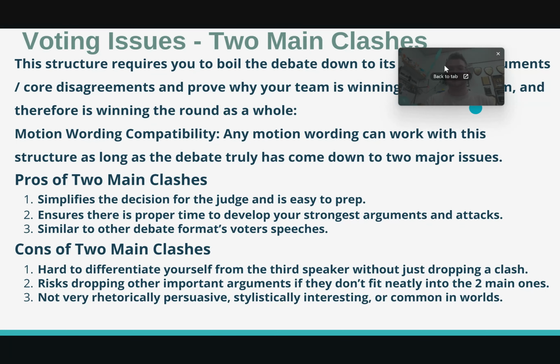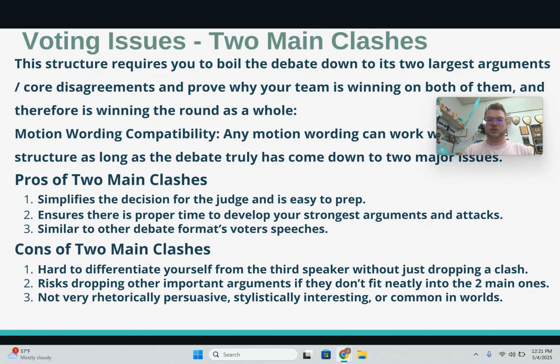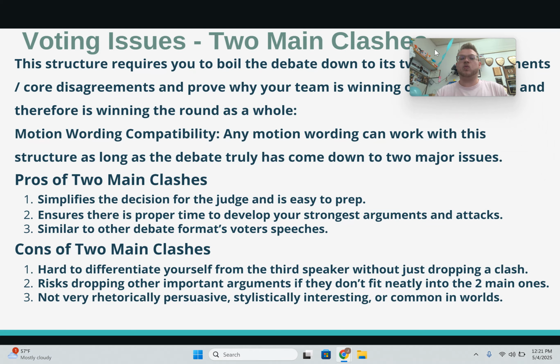The final option that you have, which I would not recommend doing, unless maybe your third speech is choosing the issue-by-issue rebuttal style rather than the three clashes style, is to boil the debate down to its two largest arguments or core disagreements and prove why your team is winning on both of them and therefore is winning the round as a whole. This is technically compatible with any motion wording as long as the motion came down to two main issues.